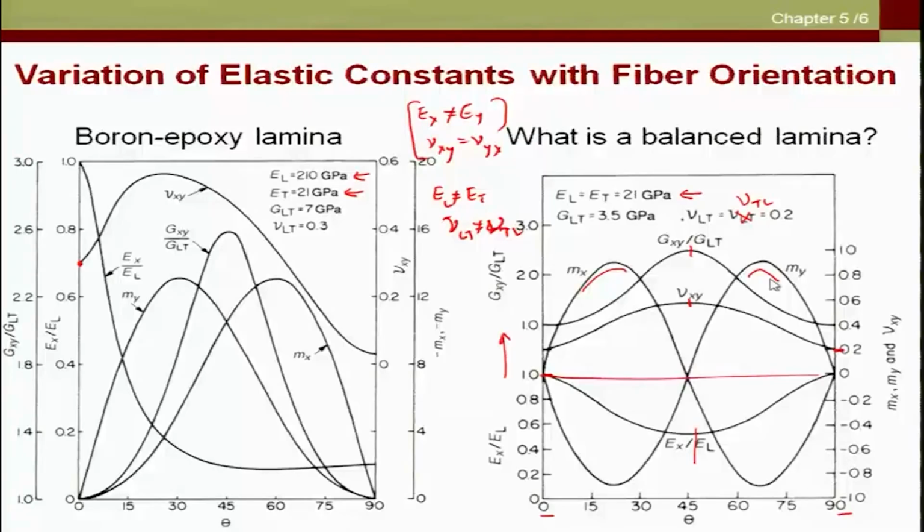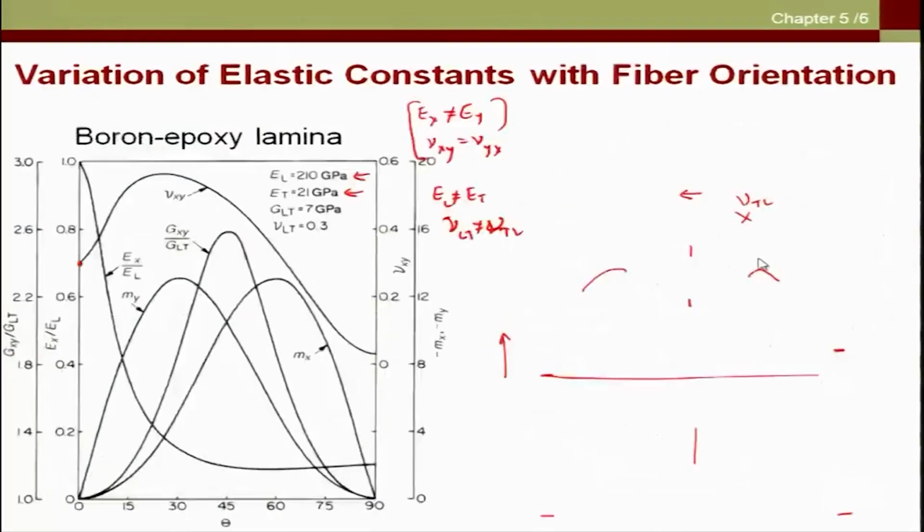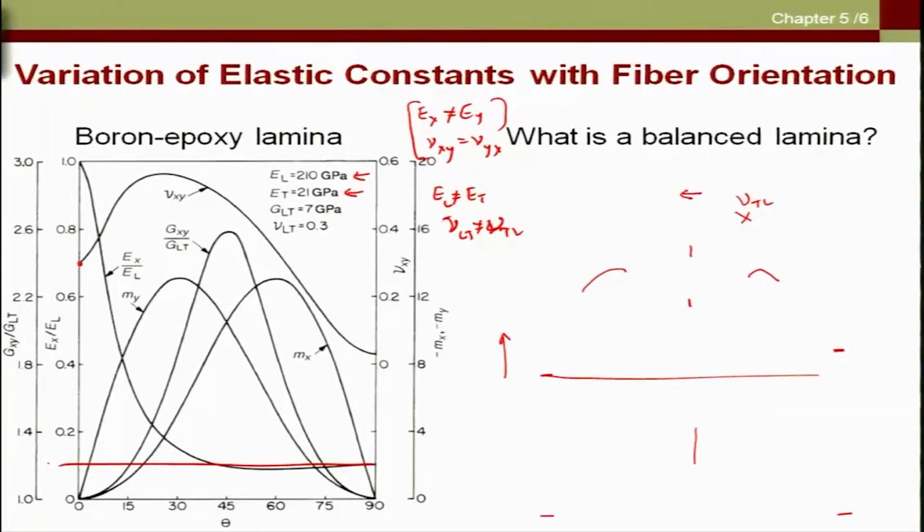So, before we do that, I'd like to show you once again that for boron epoxy lamina, we have seen that the minima of Ex is not Et, for graphite epoxy and for glass epoxy.